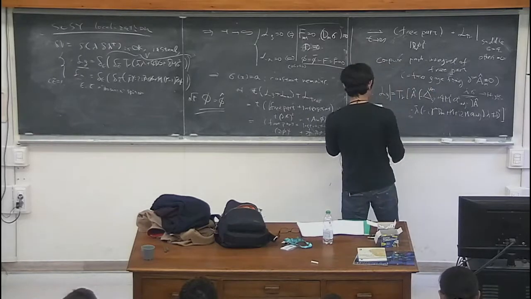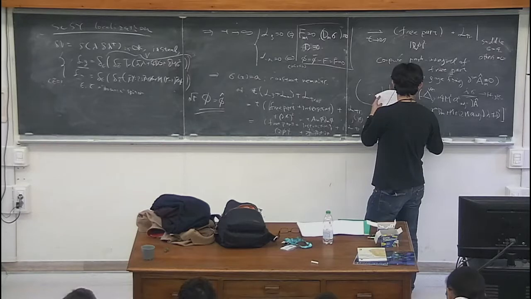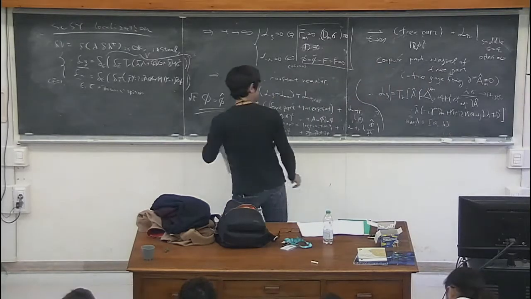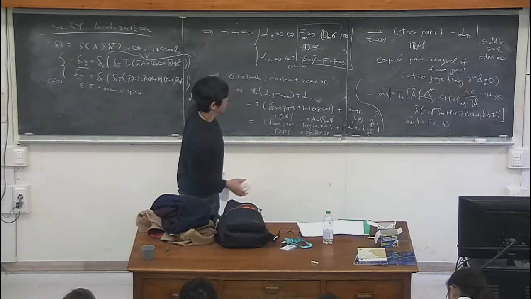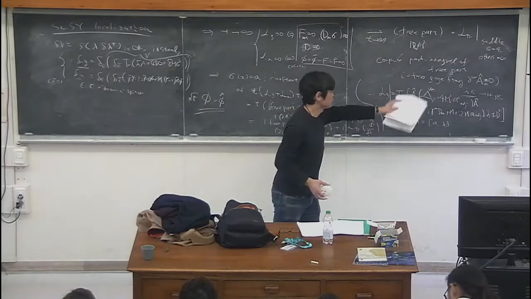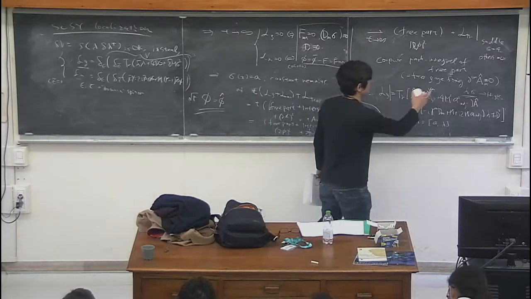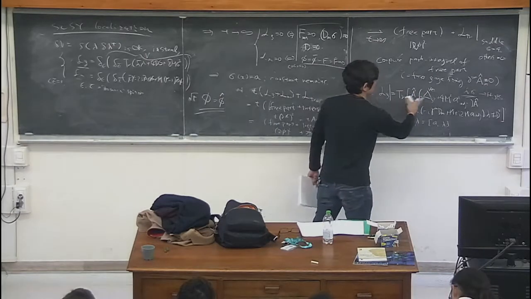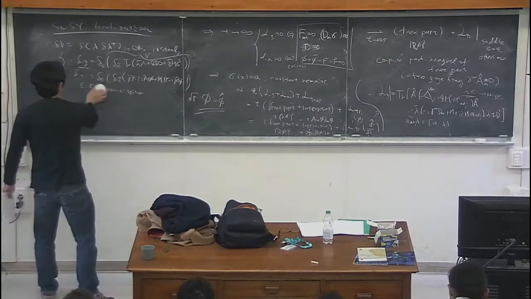Here lambda adjoint means the adjoint action of A on lambda. This is just a rewriting of the free part of LG, but we forget about sigma because of this gauge fixing. So A hat satisfies this gauge fixing; it's a transverse gauge field.